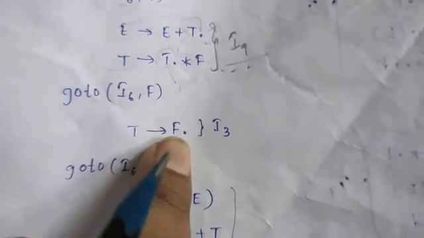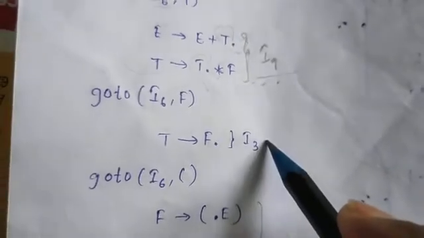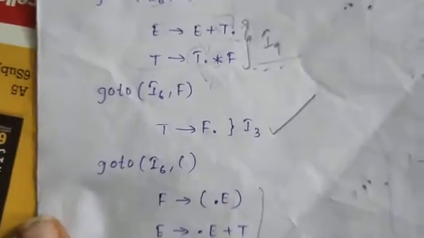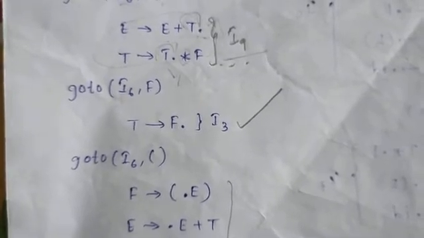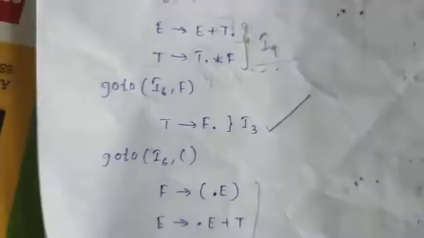Okay, this is the production. Before numbering that one, it will check with I0, I1, I2 and I3. Here it will match with I3, so it will be numbered I3. No need to place a new state number for that one. Why? Because the same state already exists.